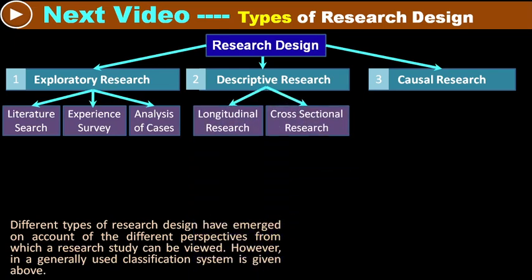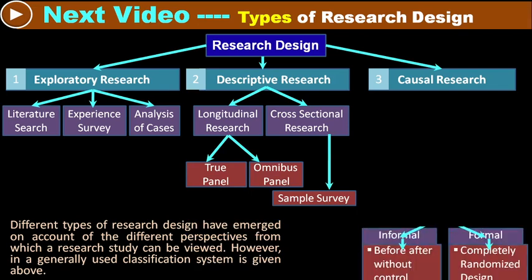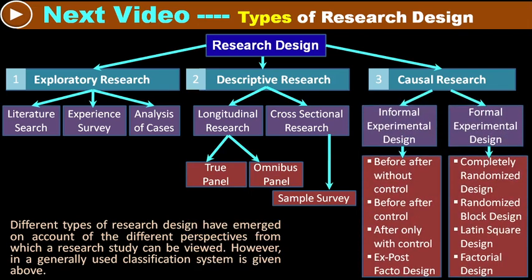Descriptive research is again of two types, that is longitudinal research and cross-sectional research. Causal research is of two types, that is informal experimental design and formal experimental design. We will discuss these types in the next and upcoming video lectures.